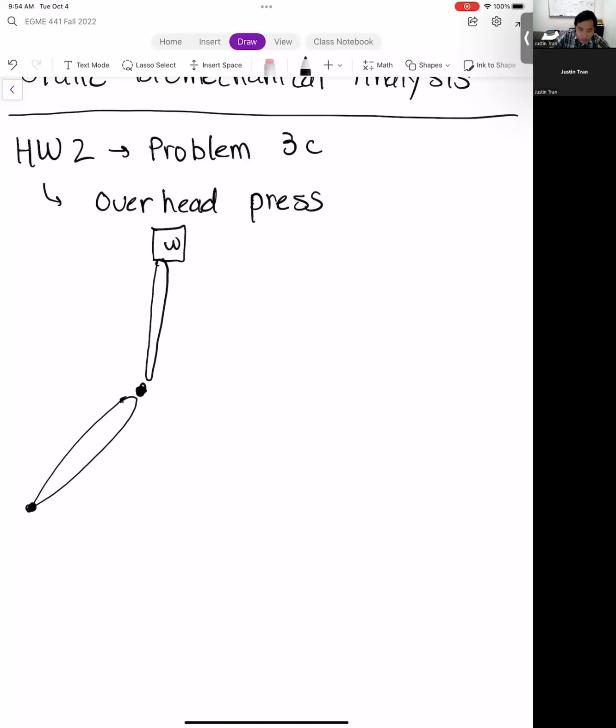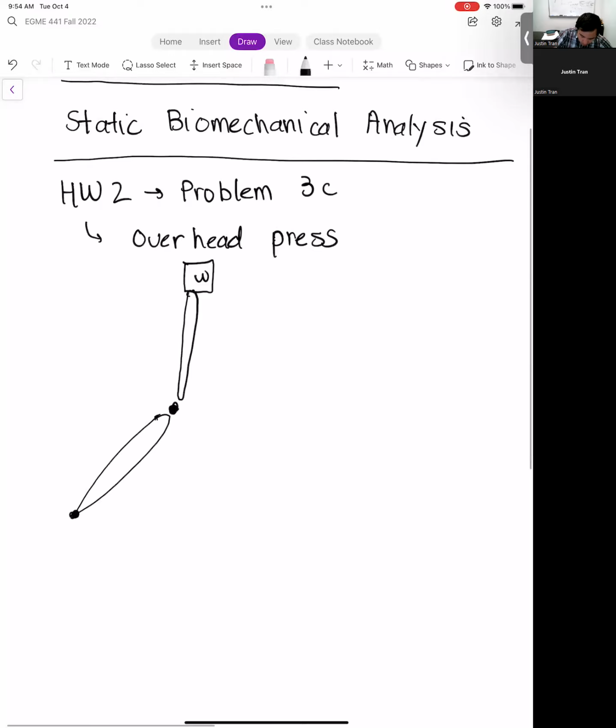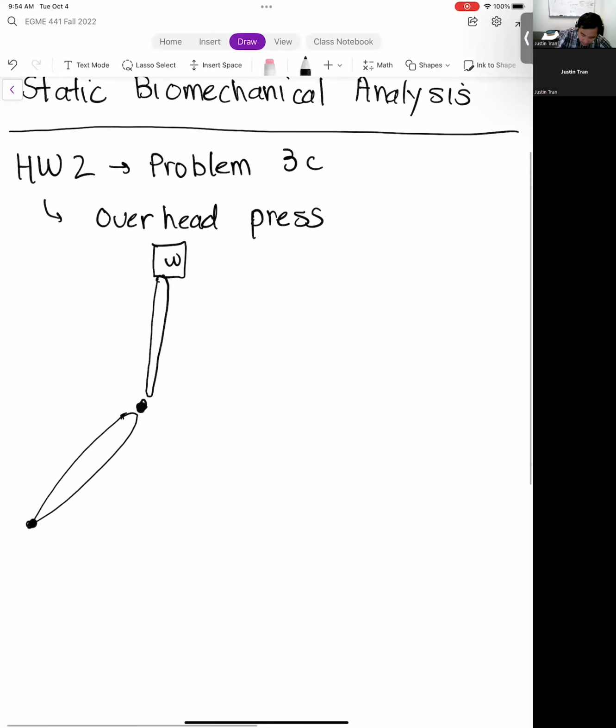To represent the barbell, the weight that the person is carrying, we'll have a weight of W up top here. Let's go ahead and analyze this. We have our muscle force here, and that's angled with respect to the arm.